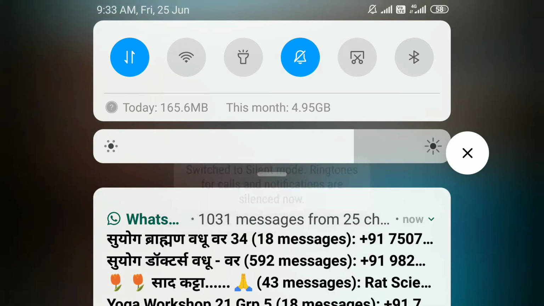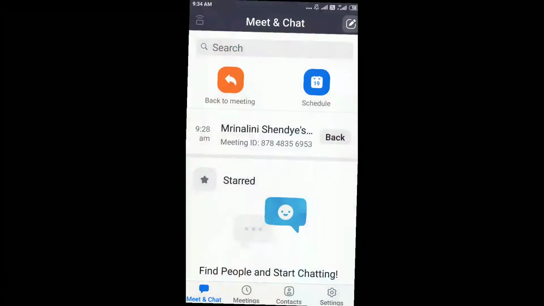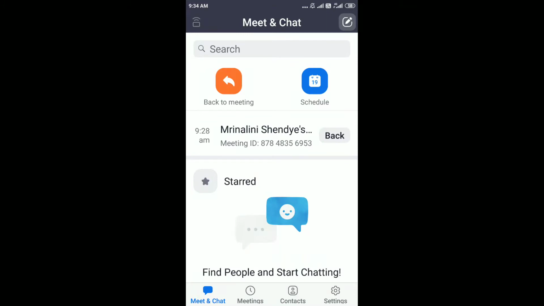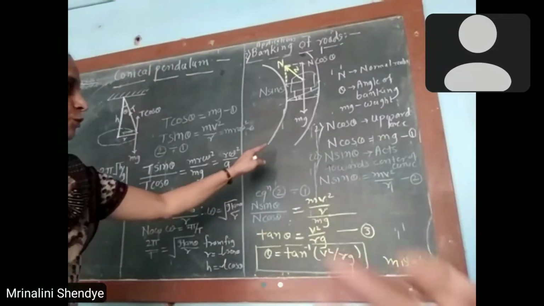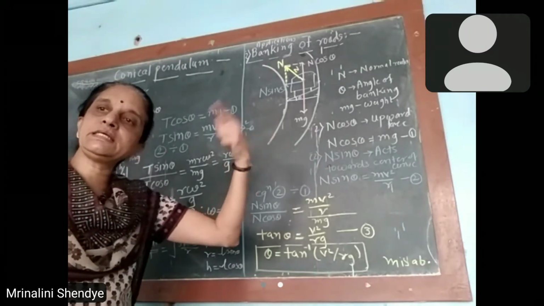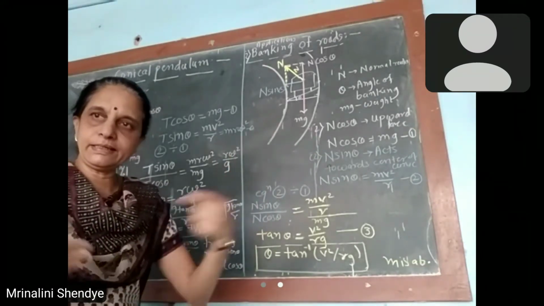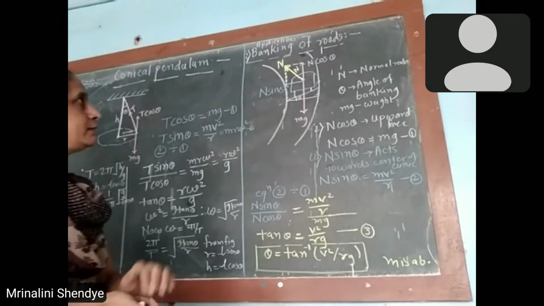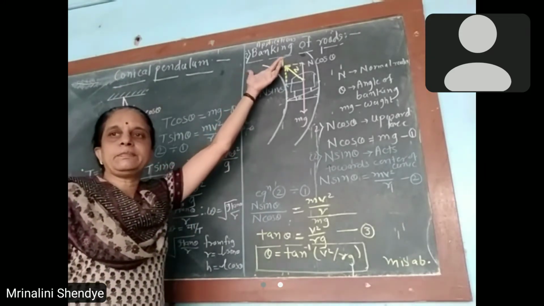So in this case, the frictional force is also observed there, and we saw that frictional force in the form of the coefficient of static friction in the 11th standard. And now we have to observe that application, that is the banking of road.